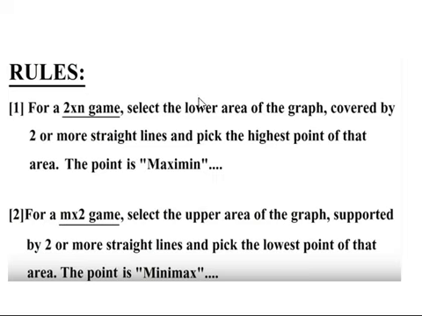For 2 cross n, that is the lower boundary, we need to pick the highest point. For an m cross 2, that is the upper boundary, which is what we have discussed today, that is an m cross 2 where the number of rows is more than 2, we need to observe the upper boundary and pick the lowest point.